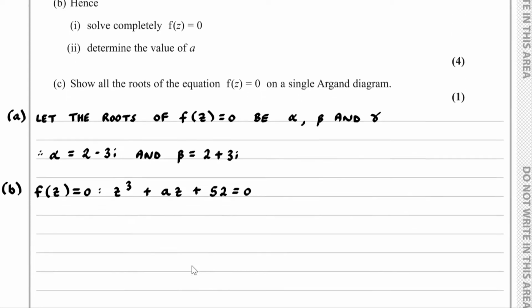And from here, we can see that the product of the roots will be negative 52. And so we have alpha multiplied by beta multiplied by gamma, which is equal to negative 52.